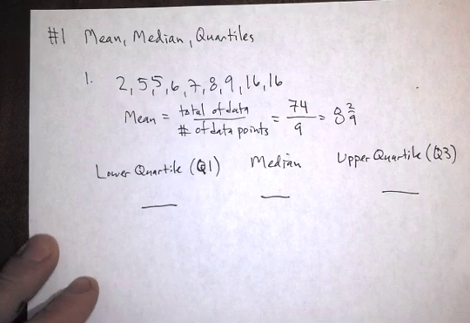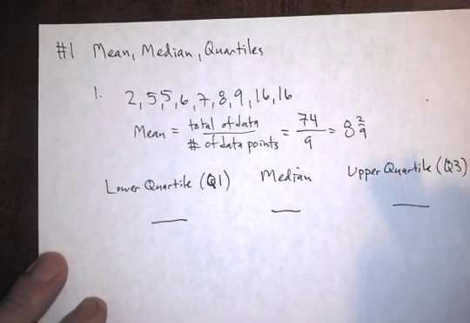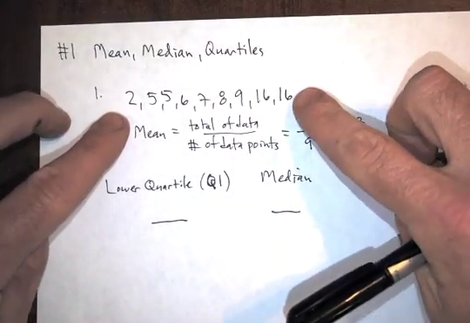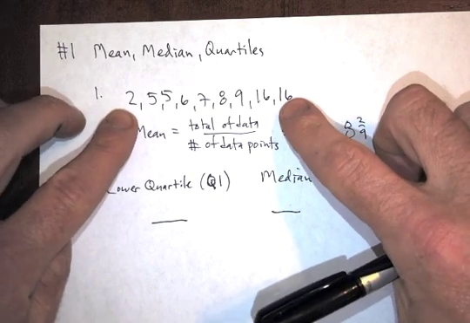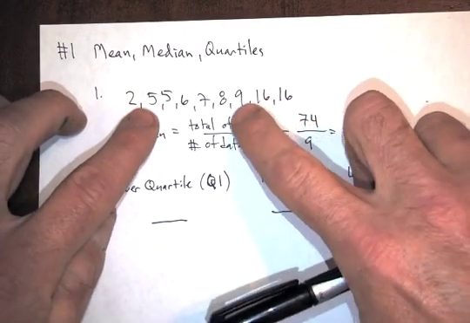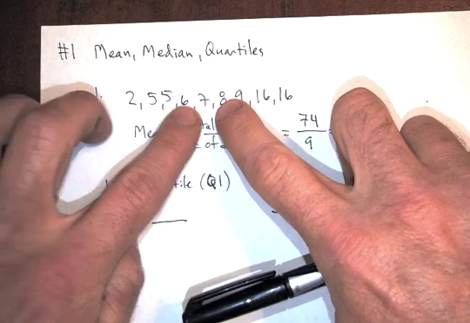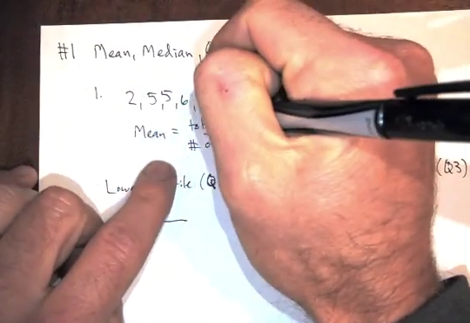To find the median, let's do that first: go to the middle. Look at your data set and start counting in from the very ends. I see 7 is the exact middle number.